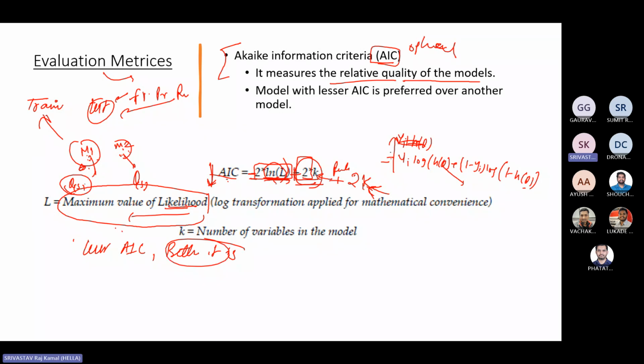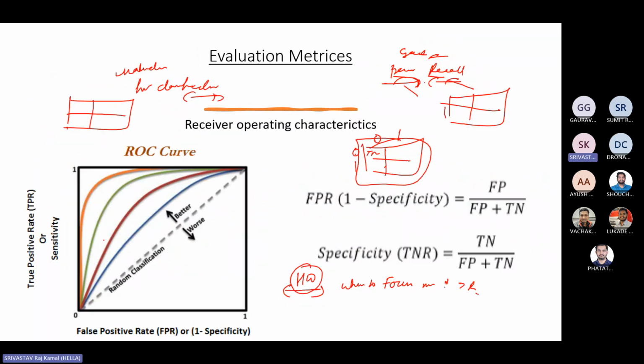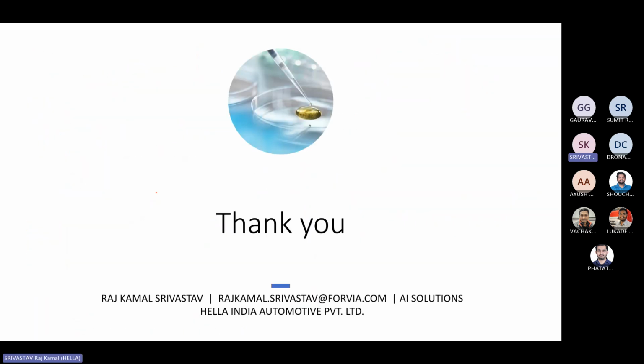So in general, the business objective was discussed, then hypothesis formation and cost function. After the cost function, we decided on gradient descent, and then we saw the metrics.